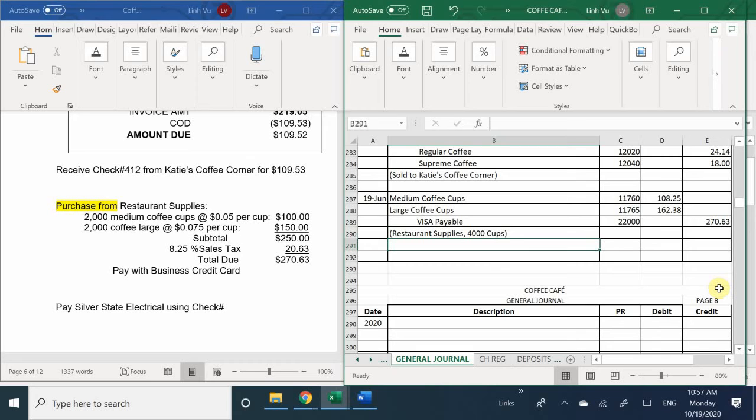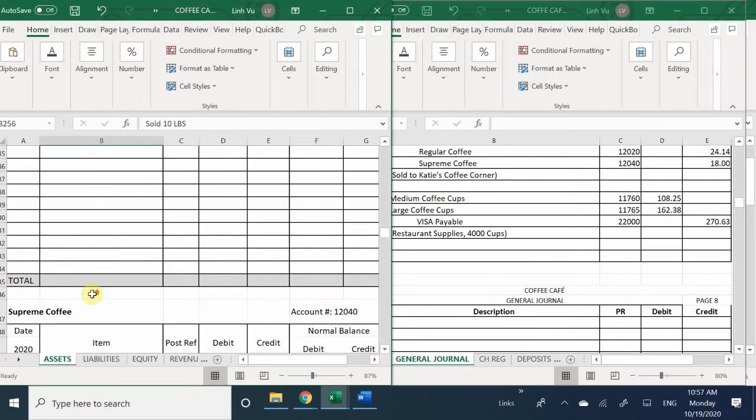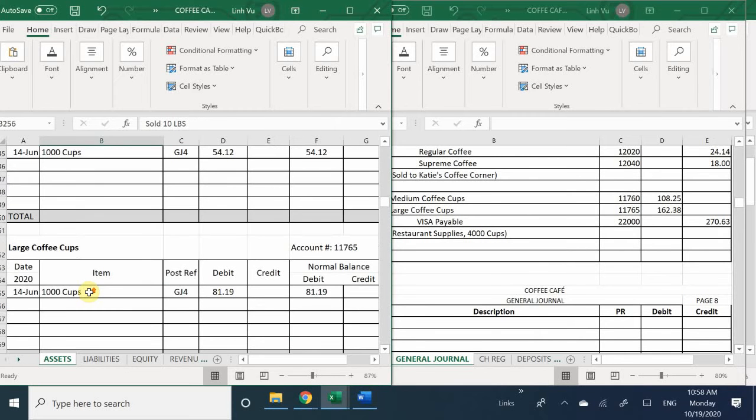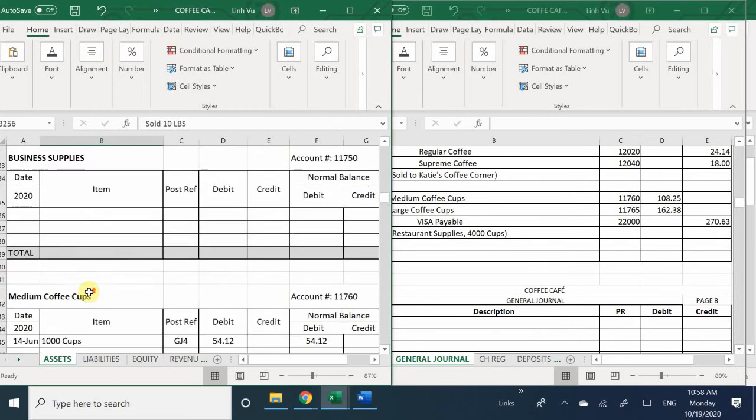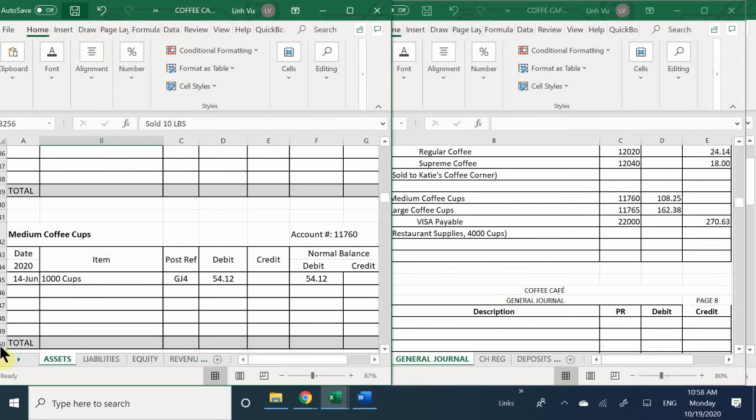All right. So now that we have our journal, what is next? The ledger. Yes. So let's go ahead and update our ledger. In this case, the items I purchased are going to be my business supplies. So here's my medium coffee cups.